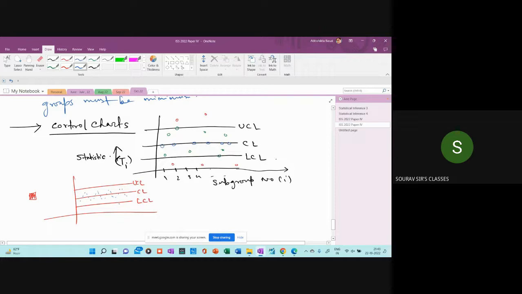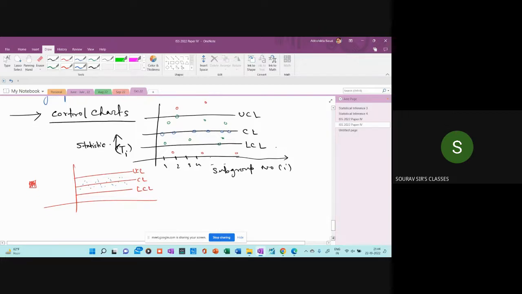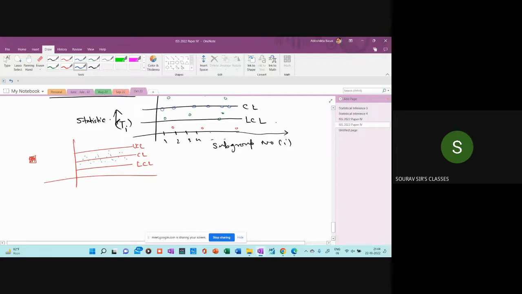Every point is within the band, but they are giving a particular pattern. If they give a systematic, non-random pattern, this is also an indication that the process is not under control. So you have to mention these two points as well.